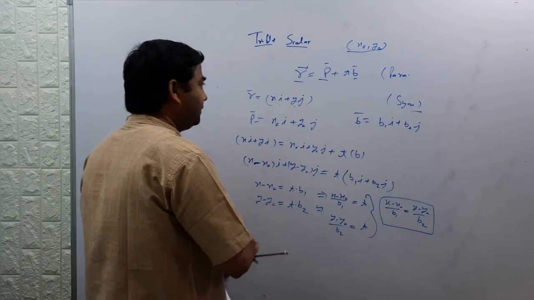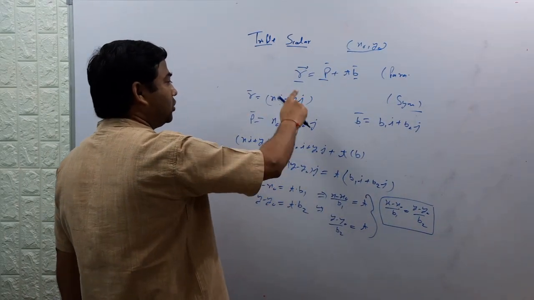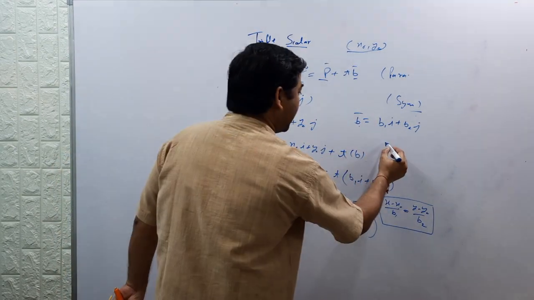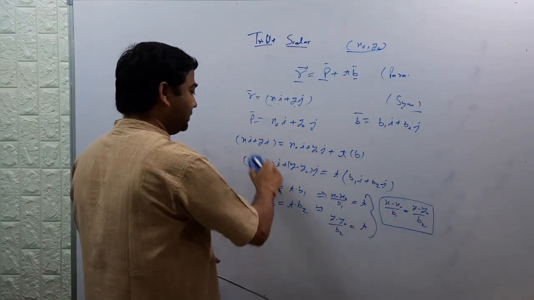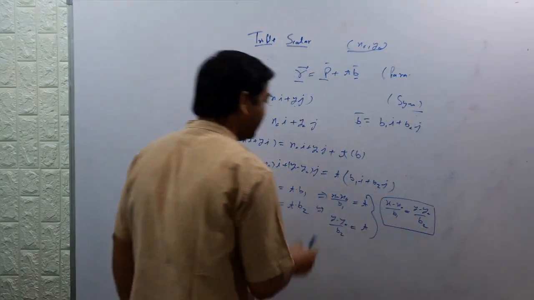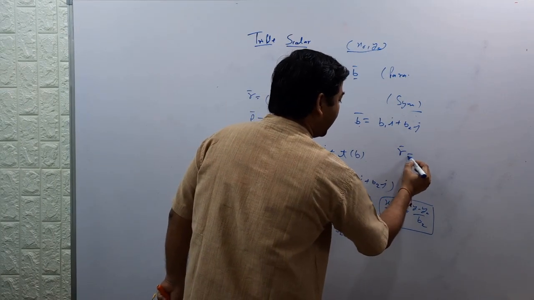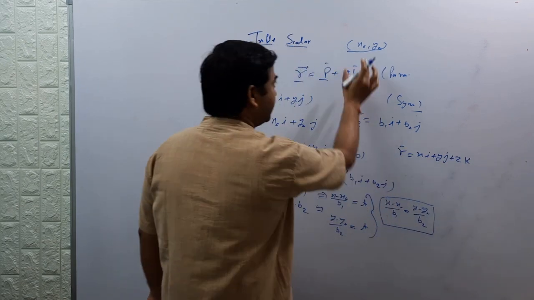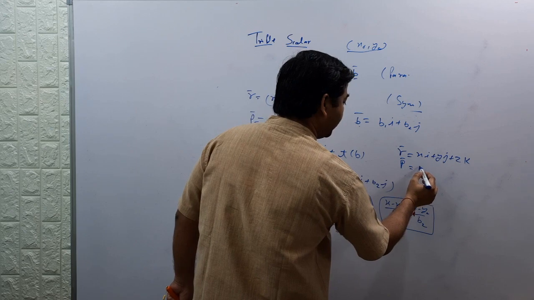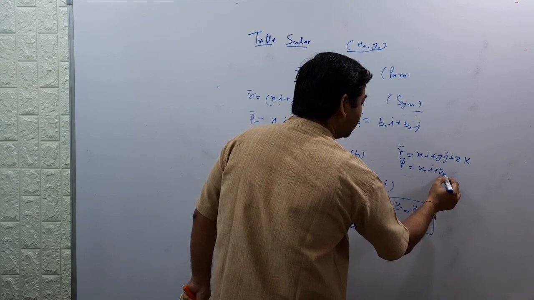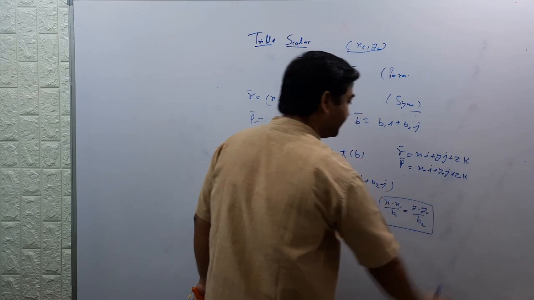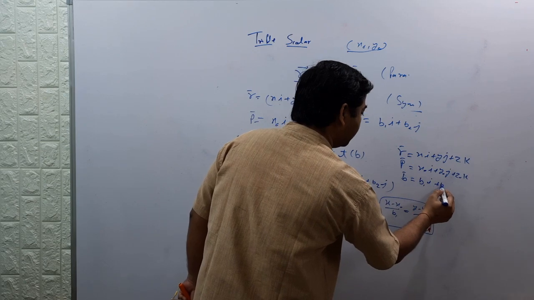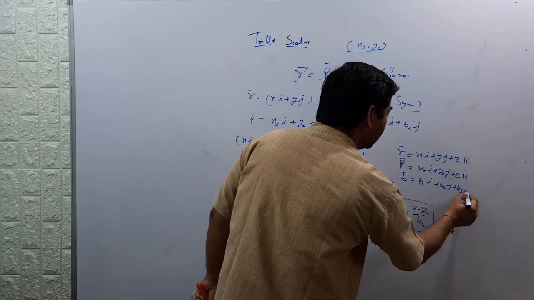If we talk about R in terms of I, J, K, then with the same argument, you will have R equal to xi plus yj plus zk. The position vector of P is x0i plus y0j plus z0k, and vector B is b1i plus b2j plus b3k.